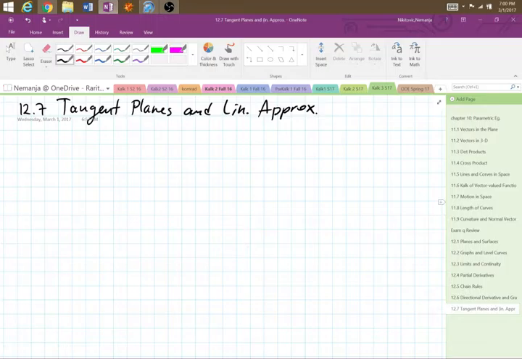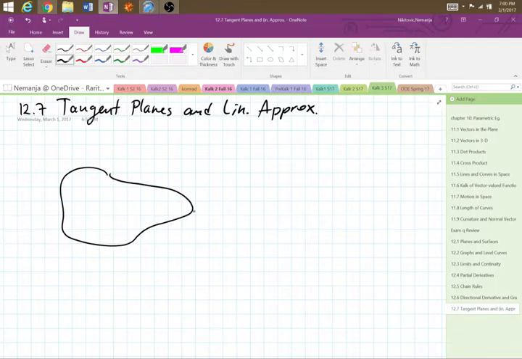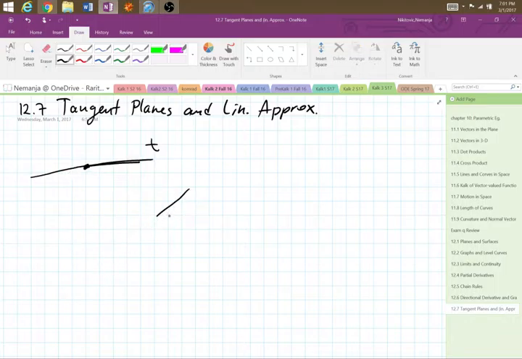When you have a line in 2D, you will have a tangent line over here, let's say. Sorry, I'm drawing vectors, oops. Tangent line.